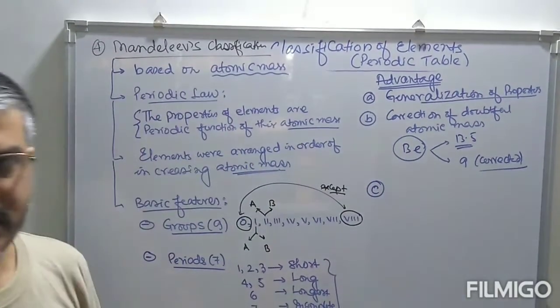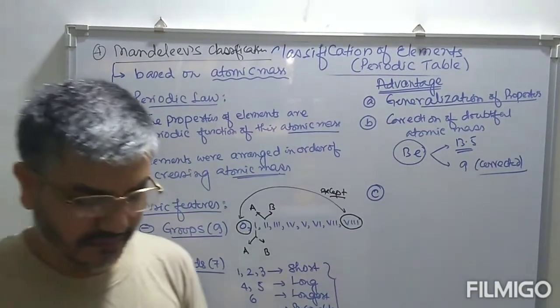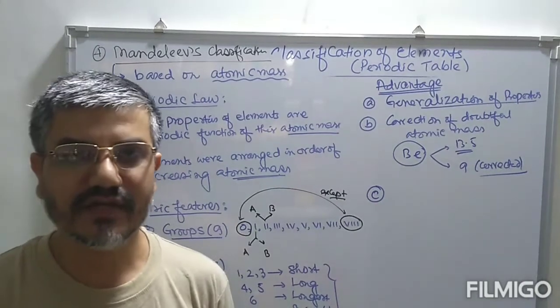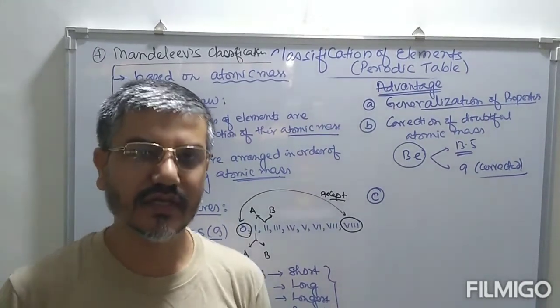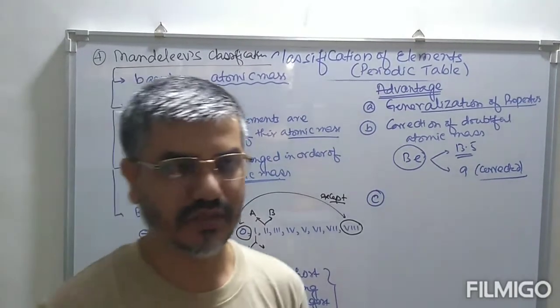Third, and this is a very important point of this classification, Mendeleev realized that the elements available at his time were incomplete, meaning many more elements were yet to be discovered.